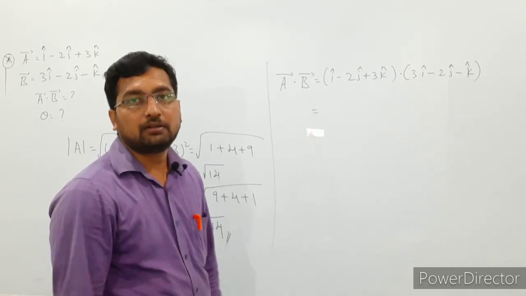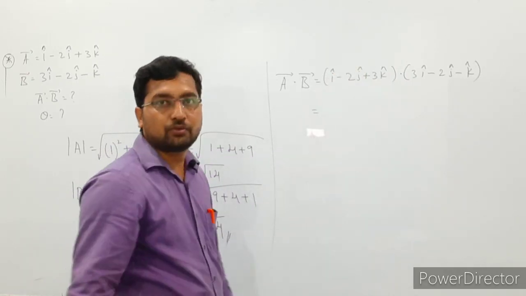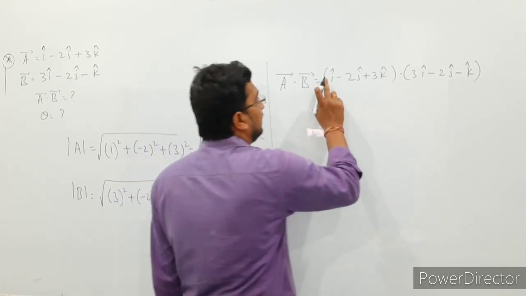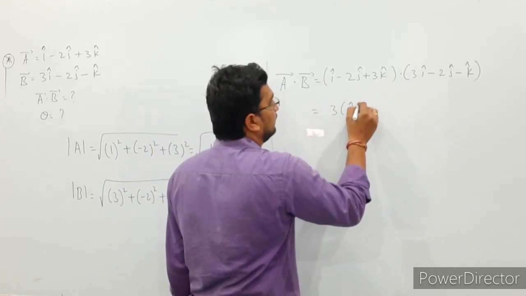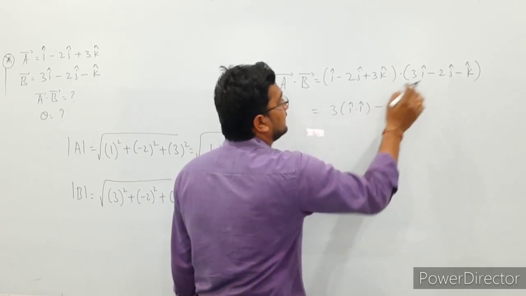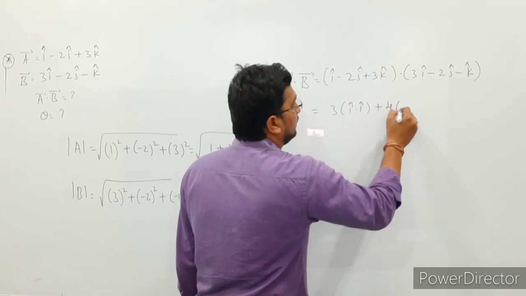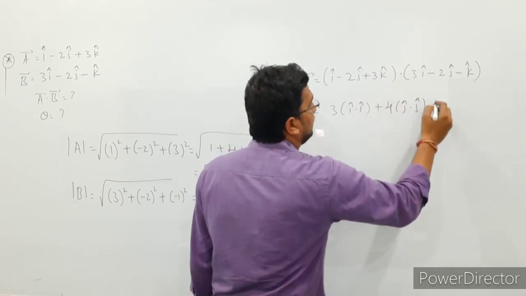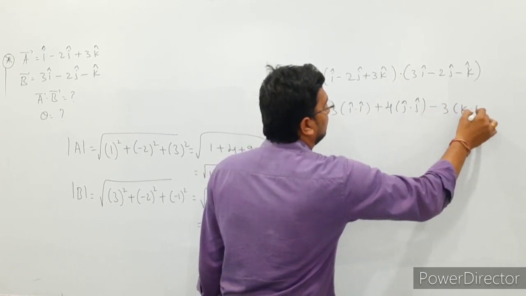So the remaining terms are all 0. For example, i dot j is equal to 0, i dot k is also equal to 0. Okay, see here, 1 into 3, i dot i; minus into minus becomes plus, 2 into 2 that is 4, j dot j; next plus into minus 3, k dot k.